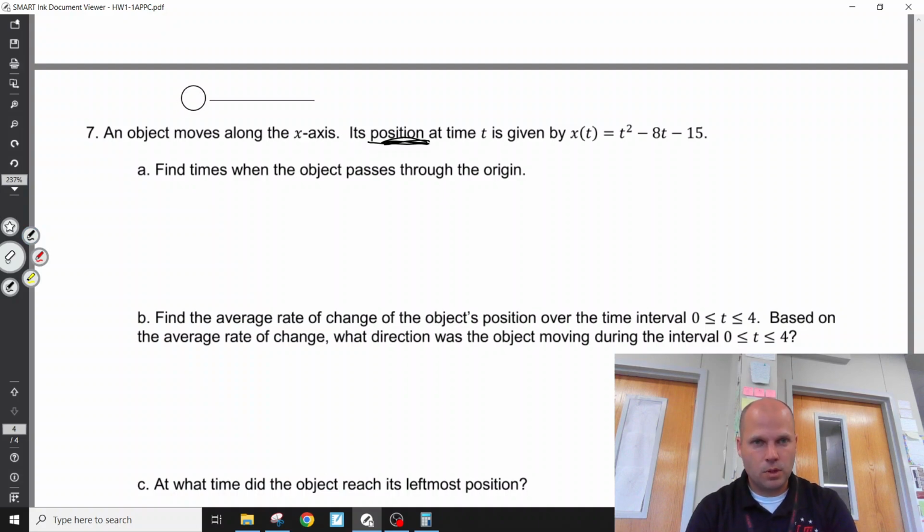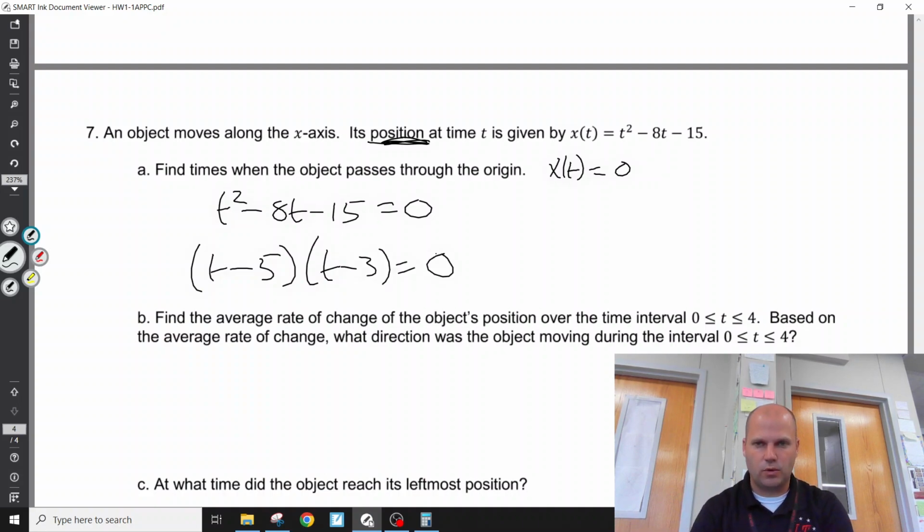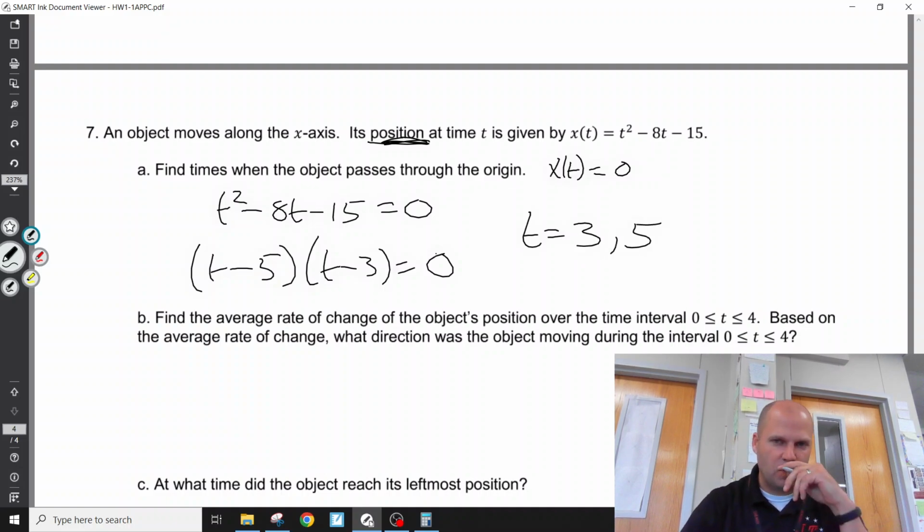Let's do it. When are we passing through the origin? It's when my position equals 0. I'm just going to take this equation, set it equal to 0. I will factor to solve. I'm not going to explain too much because I don't want to get too much in depth into what's going on with the situation. So at 3 and at 5 are the times when my object is at 0.